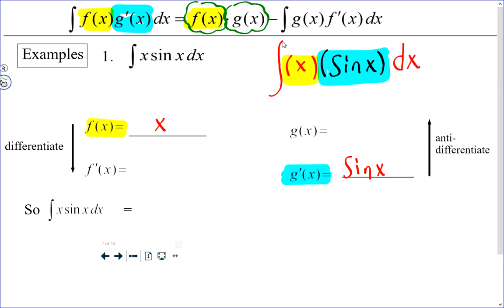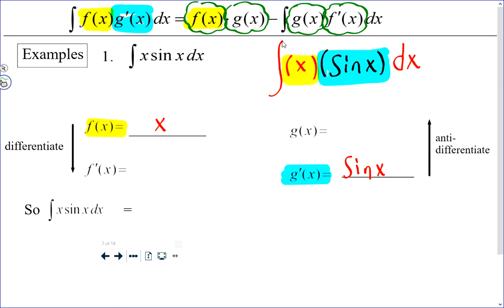And by the way, when I anti-differentiate g prime of x to get g of x, I will also know this within our substitution on the right. And I also need to know f prime of x. Well, how am I going to find f prime of x? That's a breeze because f of x is x. I can find f prime of x.